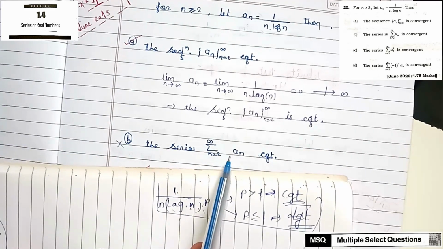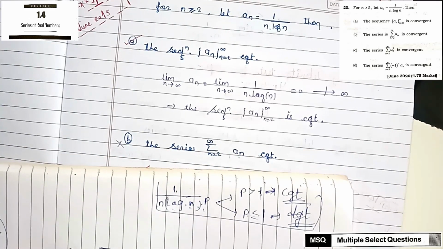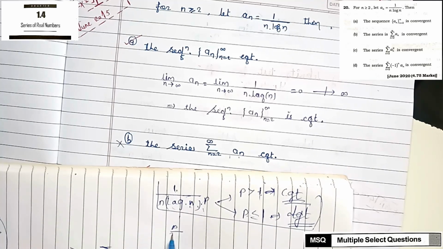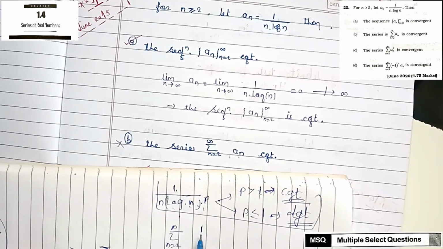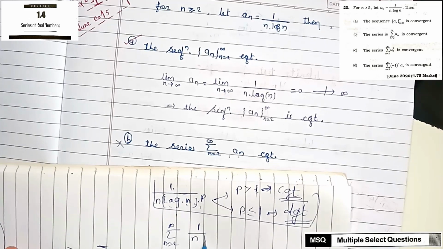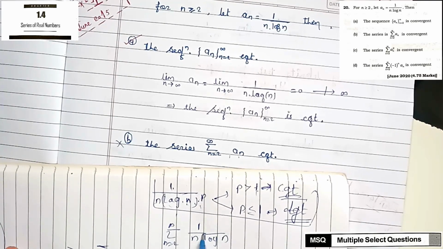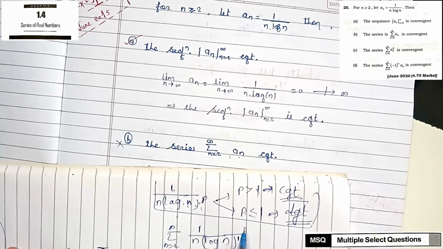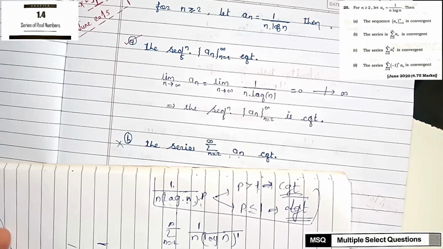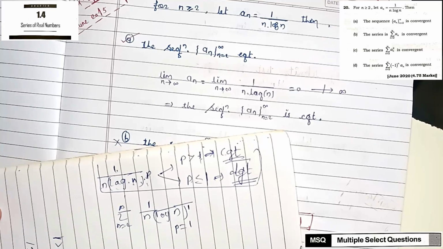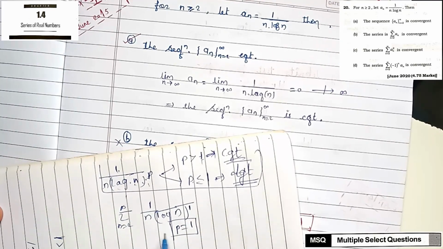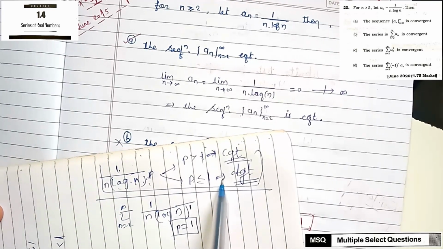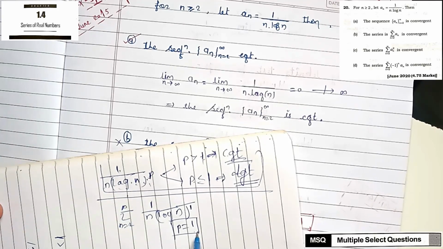So the series n equal to 2 to infinity of a_n, which is 1 upon n log n, with log n to the power 1, nothing else there, that means to the power 1. So the value of p is 1 here. By using this we can verify whether it is convergent or divergent.